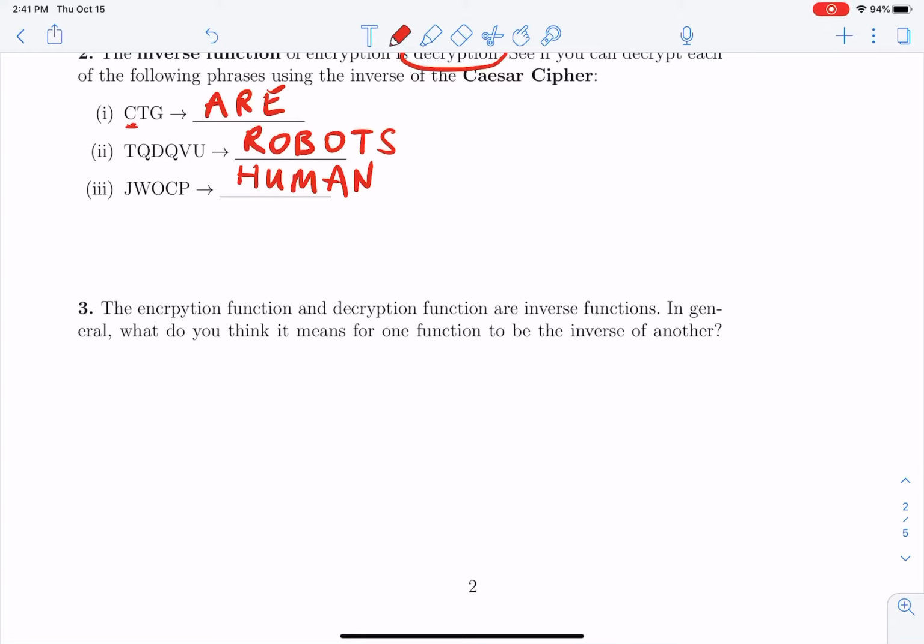So here we're told that the encryption function and decryption function are inverse functions. Okay, in general, what do you think it means for one function to be the inverse of another? Well, one way we can think about it is that the inverse undoes the other function.